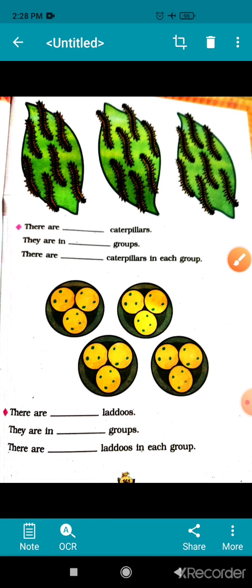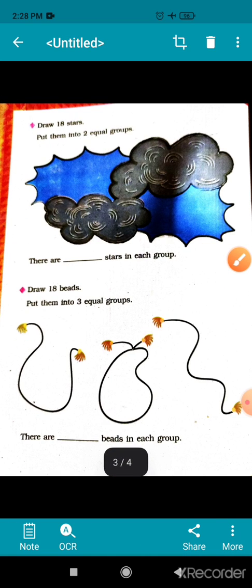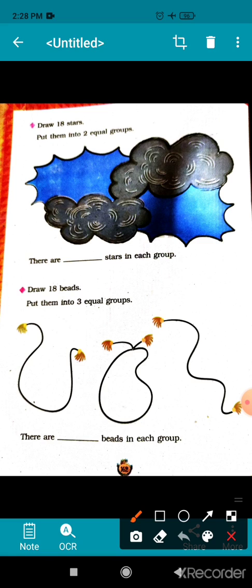Okay. Now here you can see, draw 18 stars. Put them in 2 equal groups. Total number of stars is 18. Groups are 2. It means you are dividing it by 2. Now this time you read the table of 2.